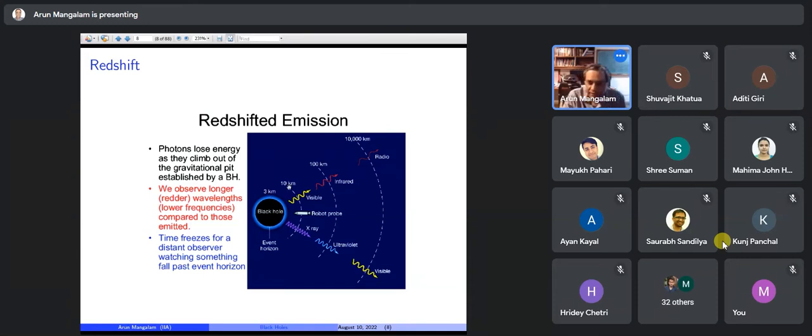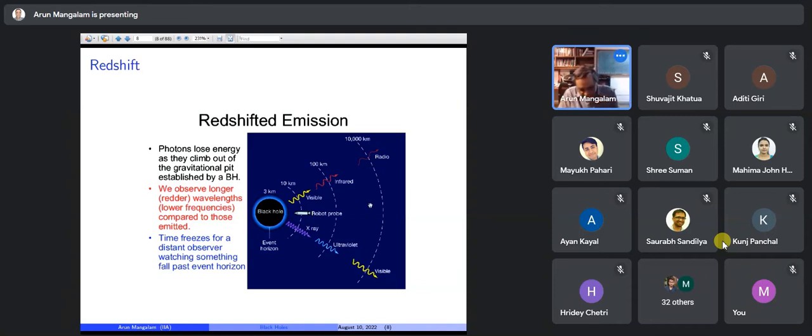So at around 10 kilometers, let's say you release an X-ray photon, then by the time it reaches 100 kilometers, it will be ultraviolet, and at 10,000 kilometers it will be visible wavelength. Suppose you shot off a visible photon, then it becomes infrared by the time you reach 100 kilometers, and at around 10 to the power of 4 kilometers, it becomes a radio photon.